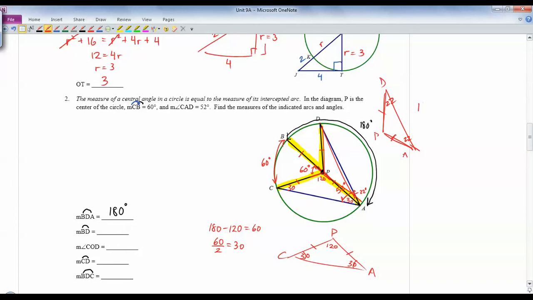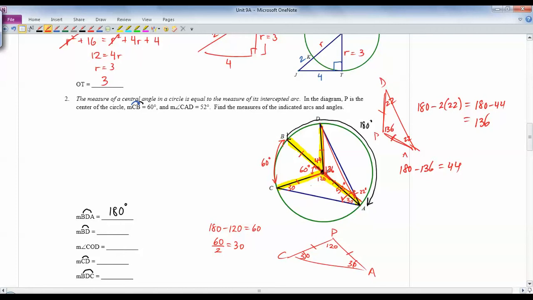So if I do 180 minus 2 times 22, I'll get 180 minus 44, which is 136. So that's this central angle right here, 136. And then the angle next to it, 180 minus 136, will be 44. Or sorry, that angle is 44.